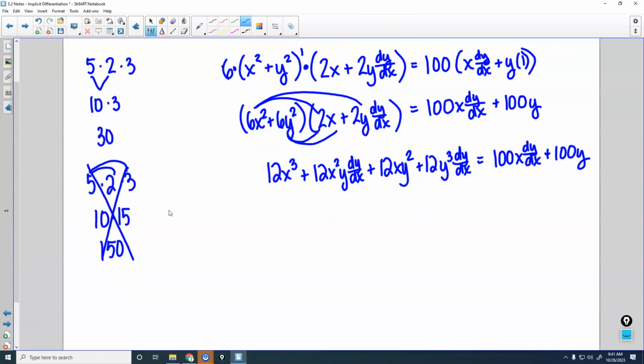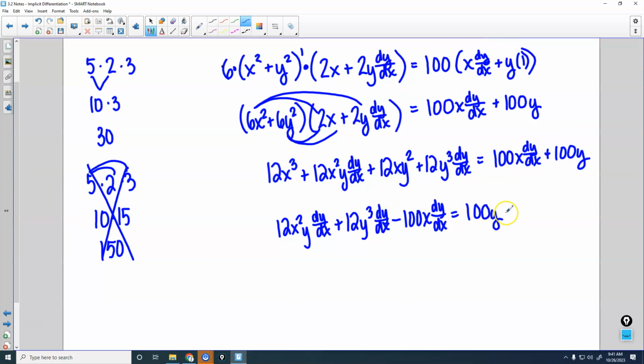Everything with dy's needs to go over to the left side. So I got 12x squared y dy dx plus 12y cubed dy dx minus 100x dy dx, because I had to move that from the right-hand side over here, so I had to change signs. Then on the right-hand side I'll have that 100y. I need to move my 12x cubed, so that'll be negative.